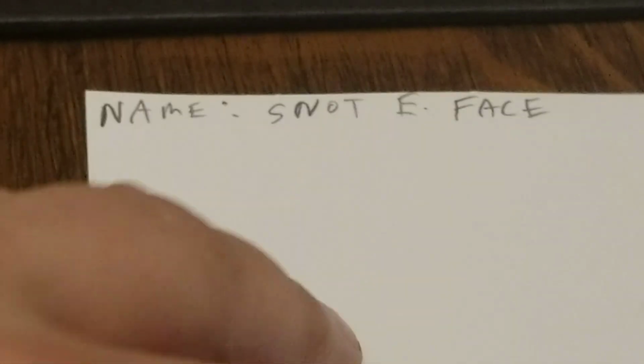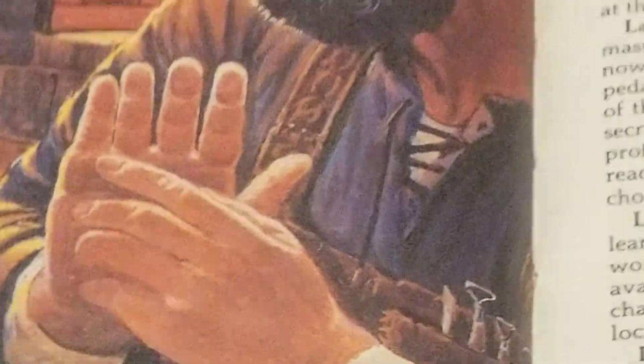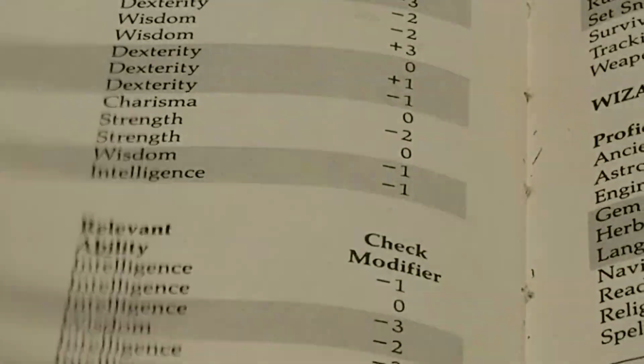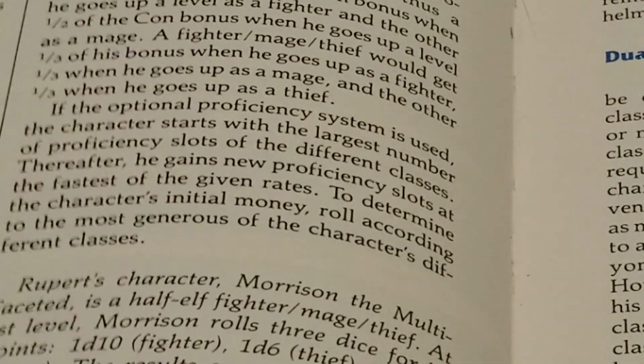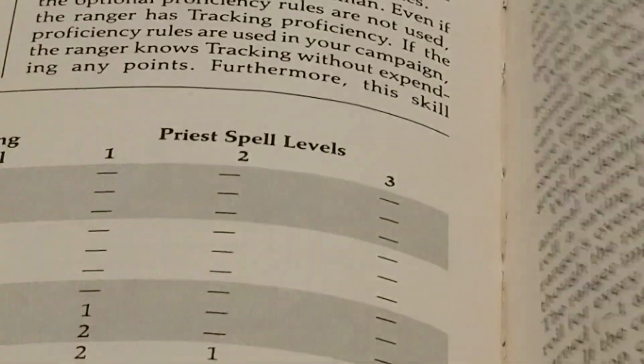Well, what's the second thing we need to know about him? Well, if you notice in the book, there's a selection of different races. Now, species is what we might call them today, but back in the good old days, they were called races, right? So, second block, race.